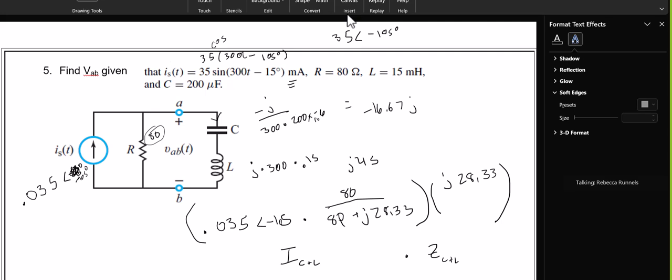Let's see, the sine of 0 is 0. The cosine of negative 90 is 0, but so is the cosine of 90, so that didn't help me. The sine of 90 is 1. The cosine, I subtract 90.